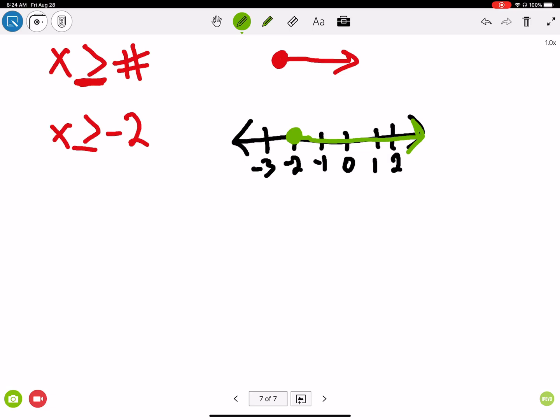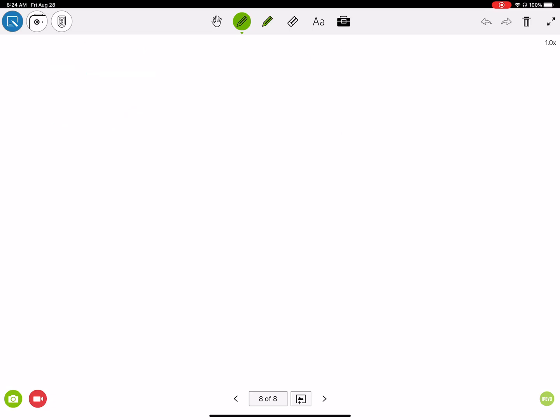So to summarize what we just did, if x is less than a number, we're going to do an open circle and go to the left to show that all of the possible values of x to make this inequality true are all to the left of whatever that number is.